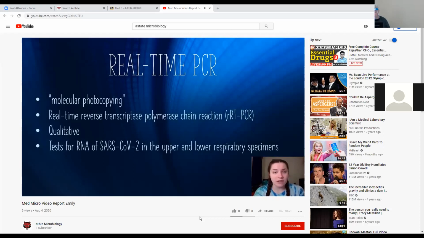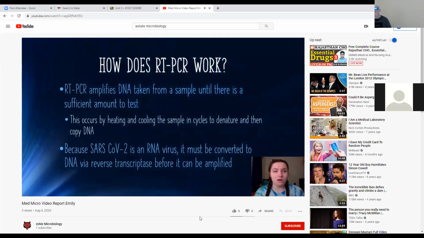It is a qualitative test, so it will have a positive or negative result. RT-PCR is used to make copies of short sections of DNA from small samples so that it can be tested and detected. This process is called amplification.